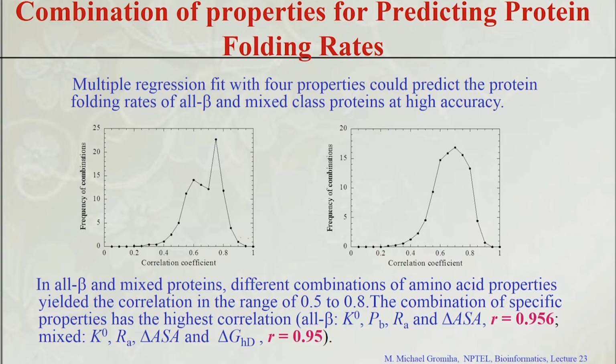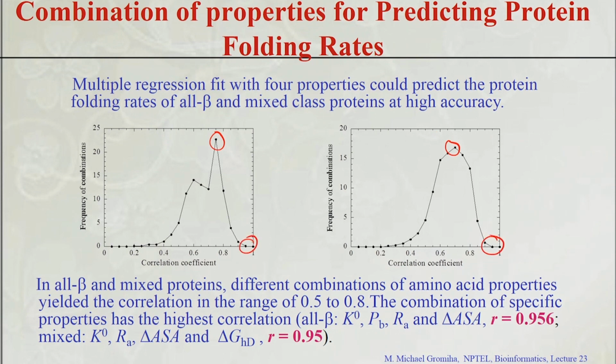So we tried the different combinations and looked at the frequency of combinations. For most of the combinations the performance is low, and the average performance is about 25%. In the case of all beta, here also only a particular combination showed the highest value, right.